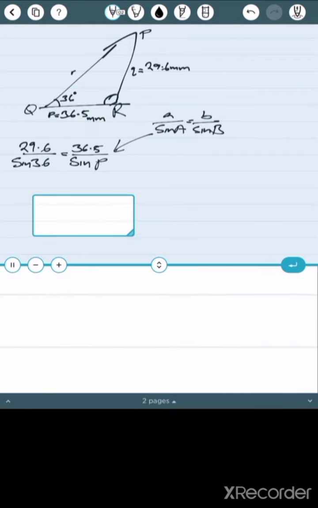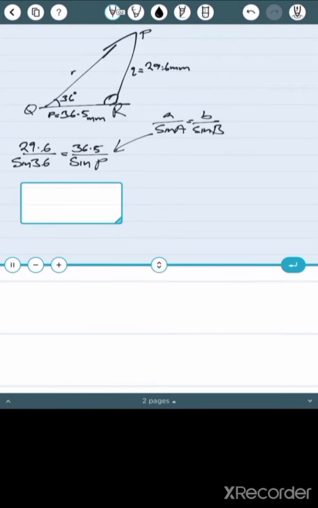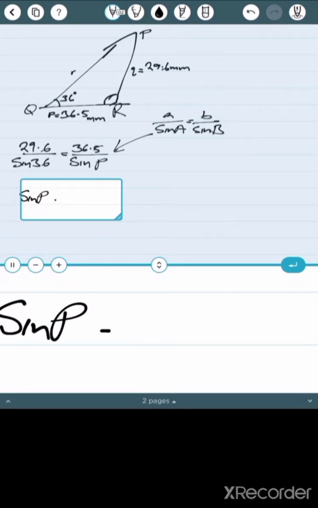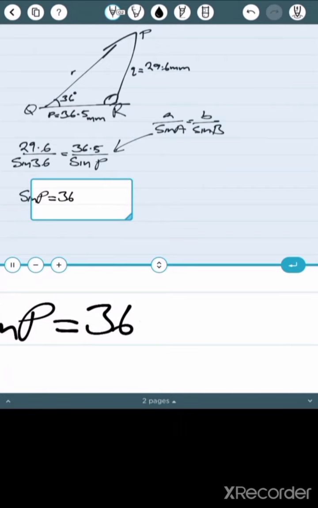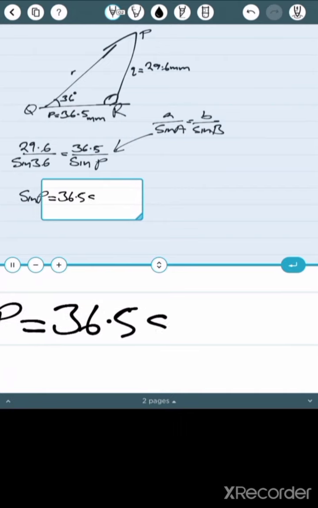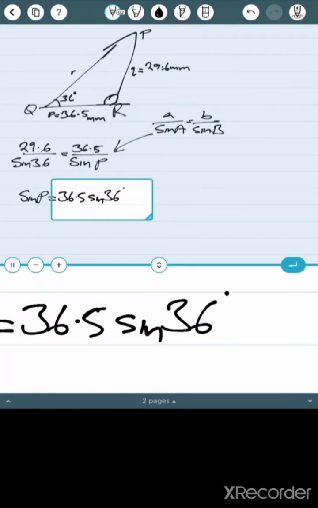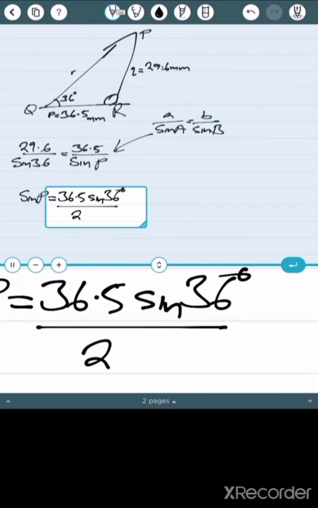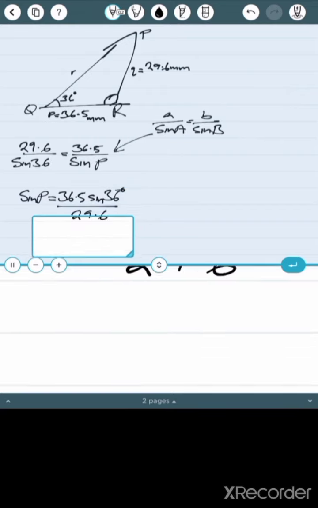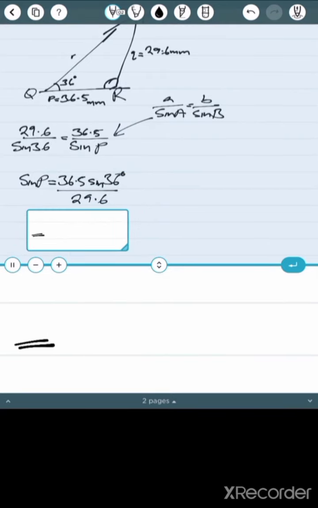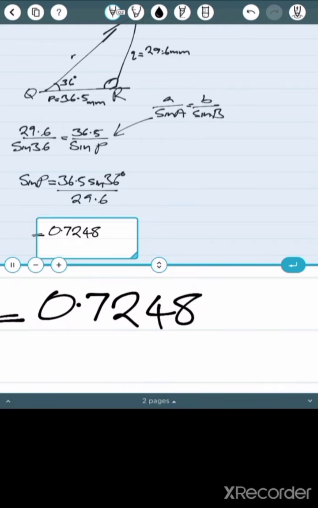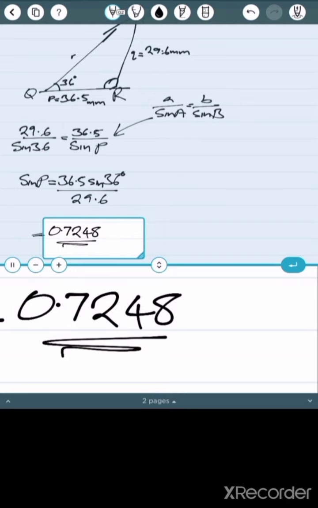So now we are calculating for sine p first. So sine p is equal to 36.5 sine 36 degrees, divided by 29.6, and this eventually gives us our answer, which is 0.7248. So now that becomes our answer.